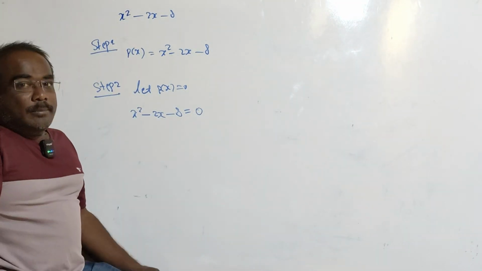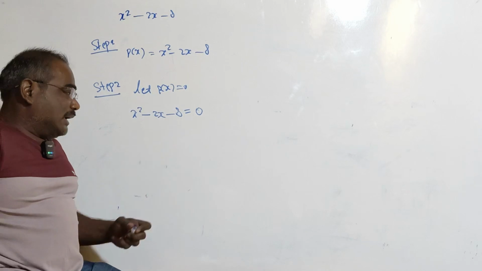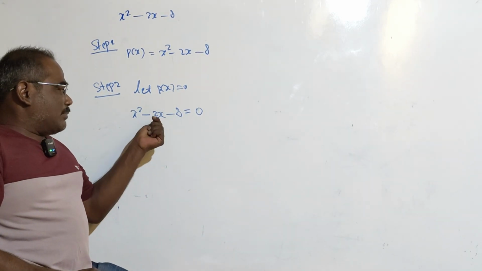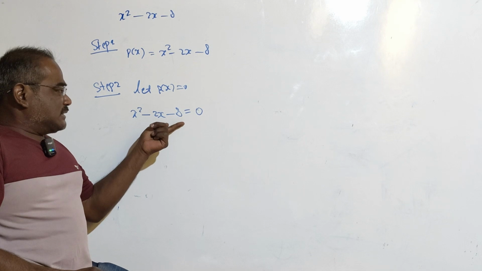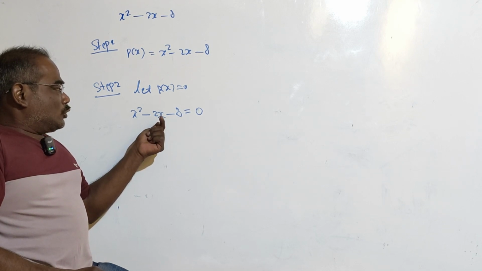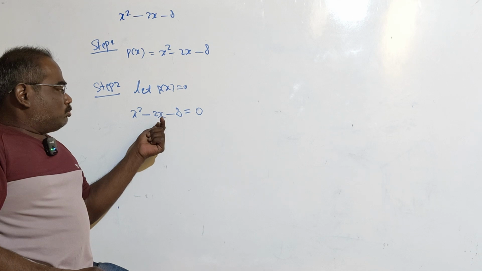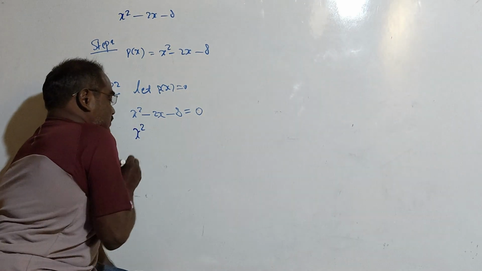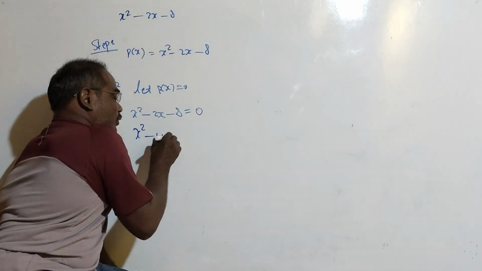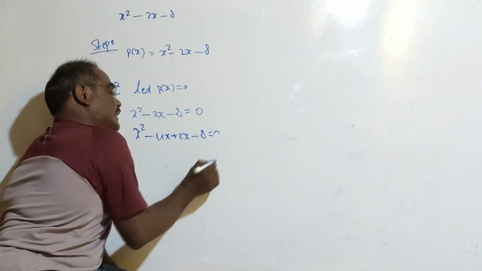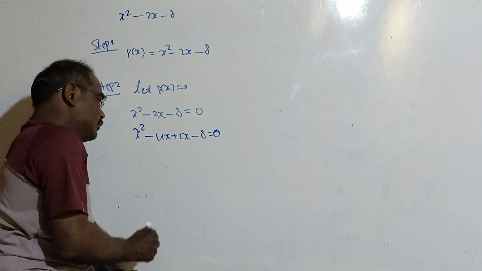Now by applying factorization, you will get the value of x. Product is minus 8, sum is minus 2. Four 2s are 8. Now it becomes x square minus 4x plus 2x minus 8 equal to 0.